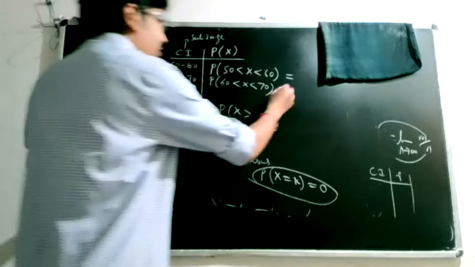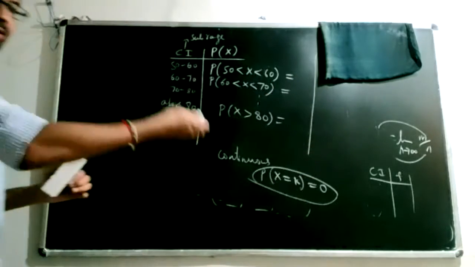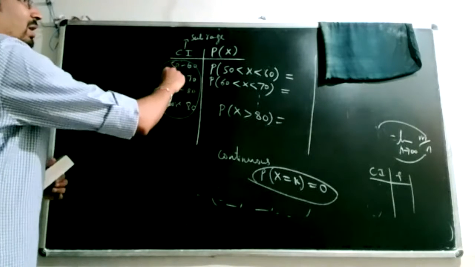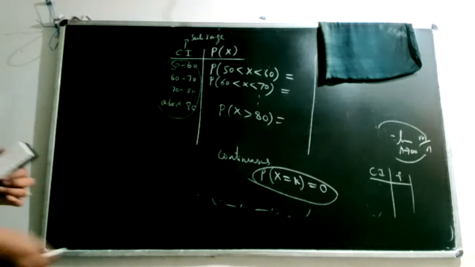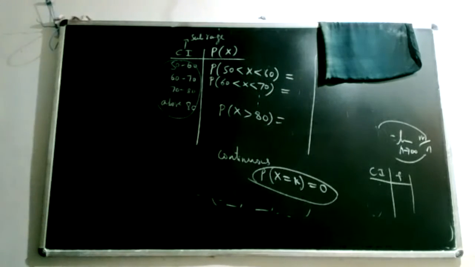Now, how do we obtain such probabilities? Again, use the statistical definition. You know the frequency distribution of weight. Convert the frequency distribution into a relative frequency distribution. Relative frequencies are probabilities, so you can easily obtain them.